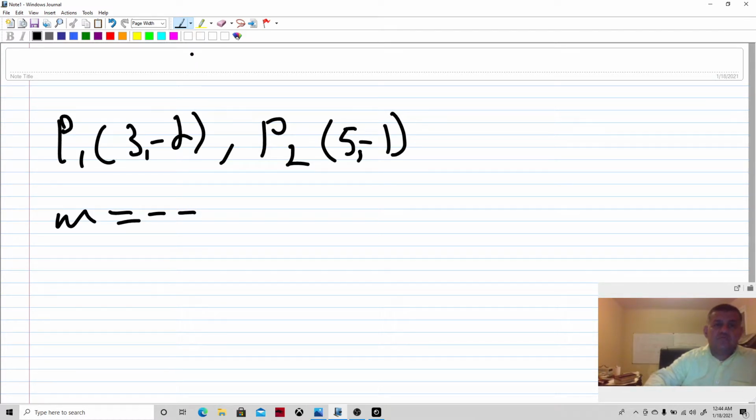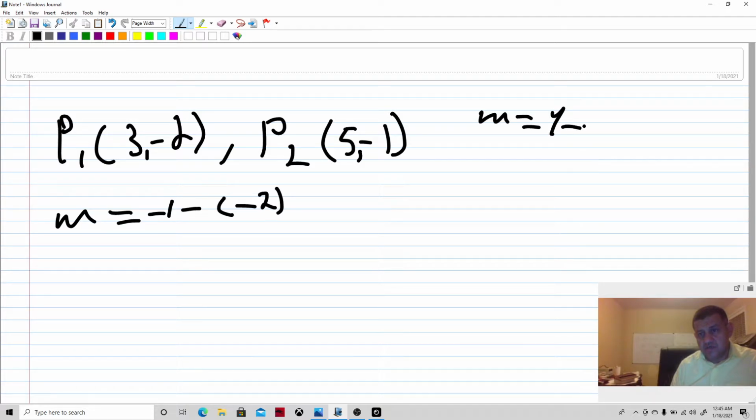You gotta be careful when you do this because here you got negative one, right? So y2 minus y1, you got negative one, and then you got a minus a negative 2, right?